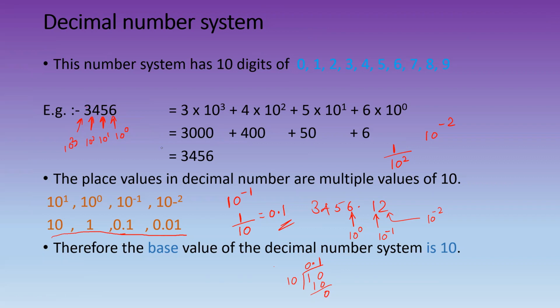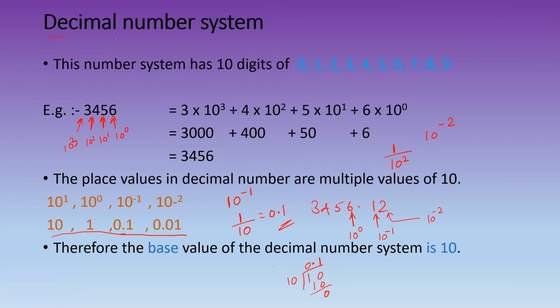Okay. Now the place values I explained, and what is the base? Right, as this particular number system is having 10 digits, we call the base of this particular number system 10. Okay, that is the base normally we have to take according to the symbols of the particular number system.